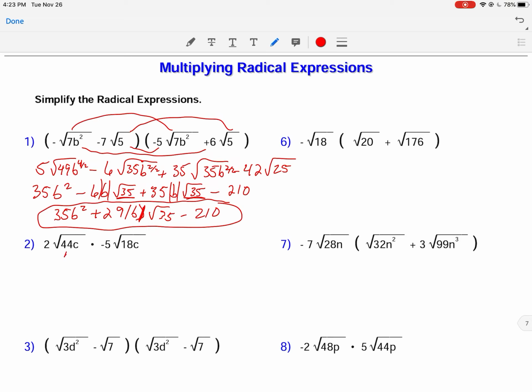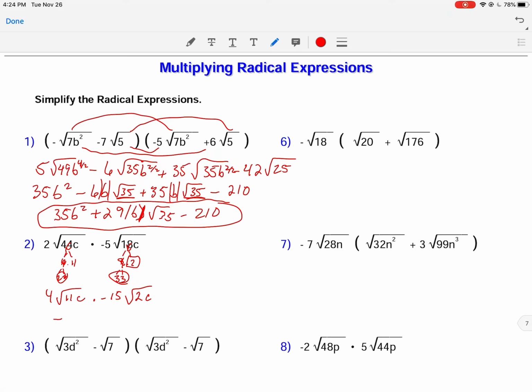All right, let's do these bits. I might square root 44 first. I know that's 4 times 11, and that's 2 times 2. 2 comes out, so that's 4 square roots of 11c. 18 is 9 times 2, and that's 3 times 3. So that's times negative 15 square roots of 2c, because that stays in.